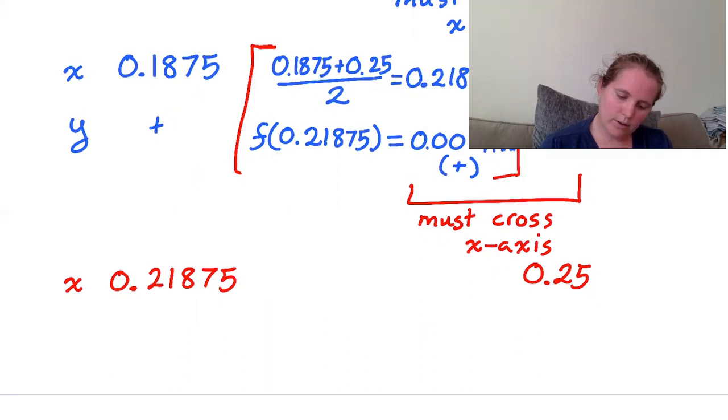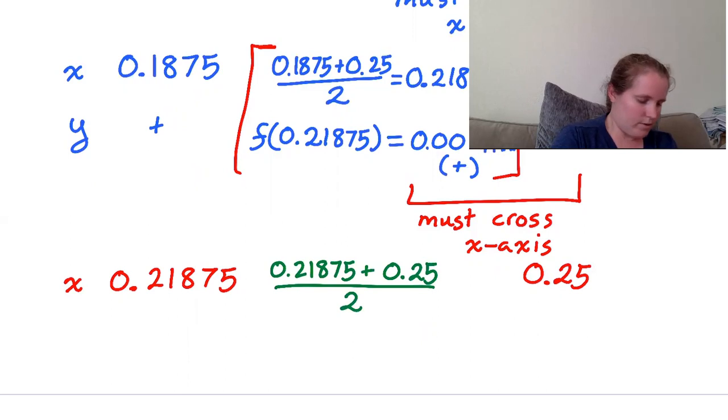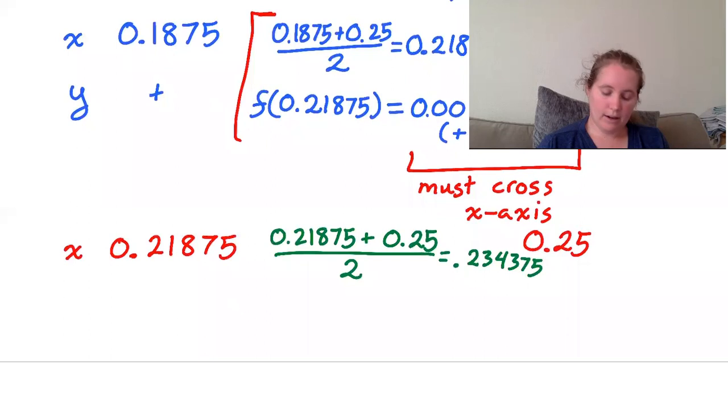So for a midpoint, we would be looking at 0.21875 plus that 0.25 divided by 2. And we wind up getting 0.234375.